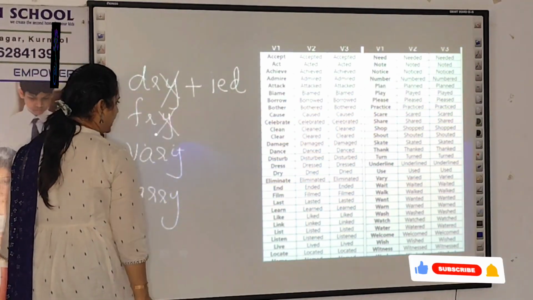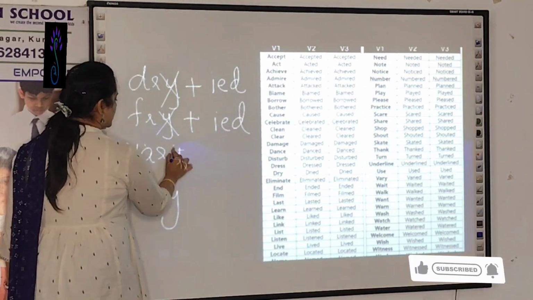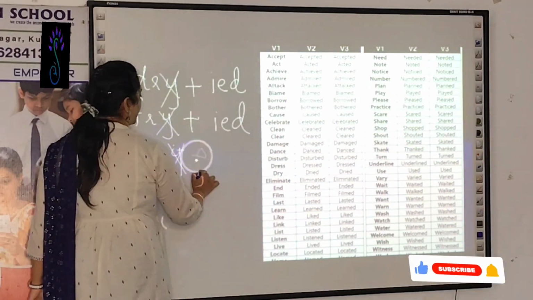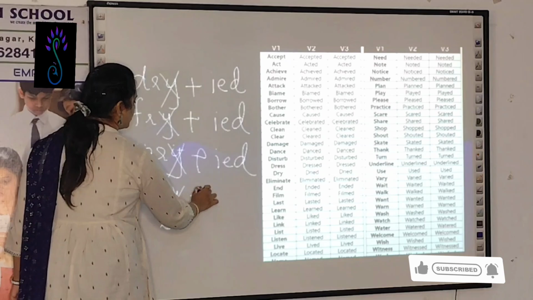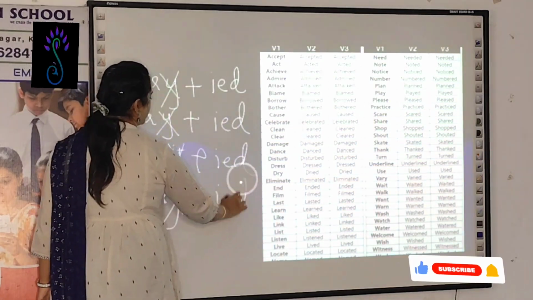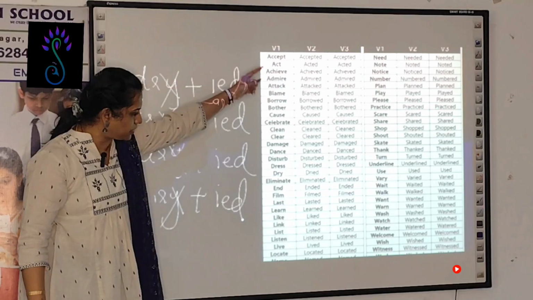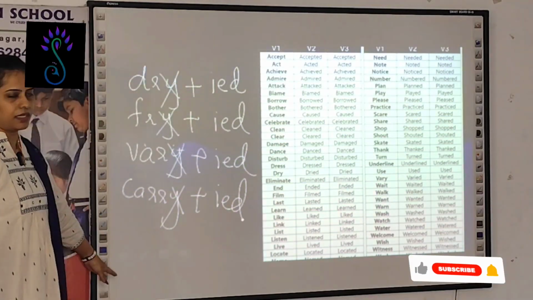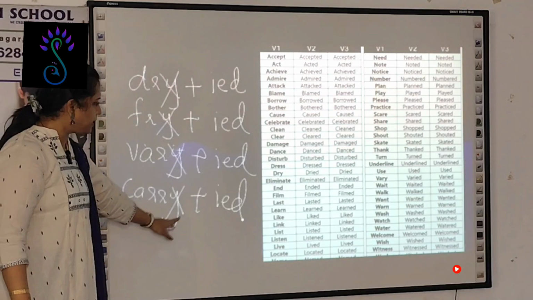Strike off y and add ied, that becomes fried. Strike off y and add ied, that becomes varied. Strike off y, then add ied, that becomes carried. This is how you'll do for all the list. If you check the complete list, it is like this. Okay, for the verbs which end with y, this is the rule.